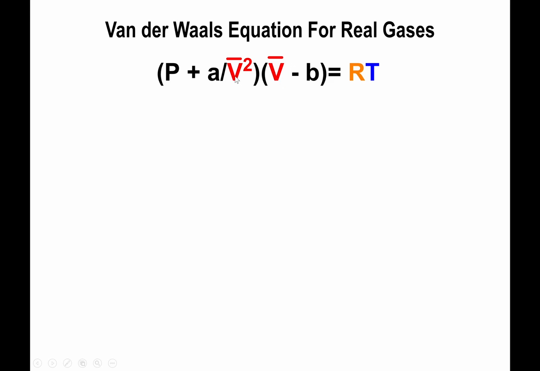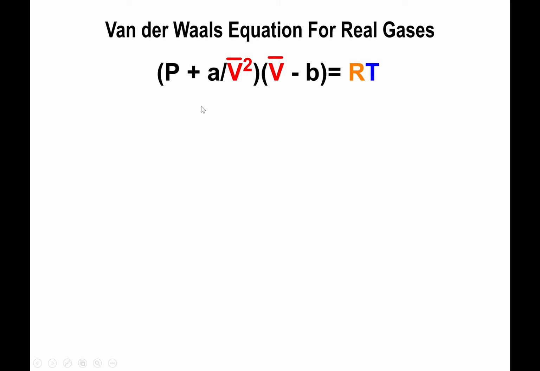Specifically, this is not regular volume but the molar volume. As I was telling you in an earlier lecture video, the molar volume needs to be determined by dividing volume by the number of moles of gas. That's the key. You first find the molar volume by dividing volume by moles, and then you input it into this equation.